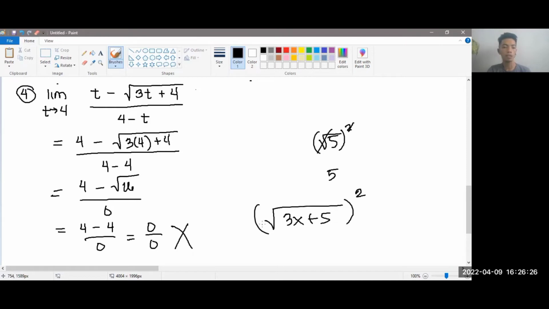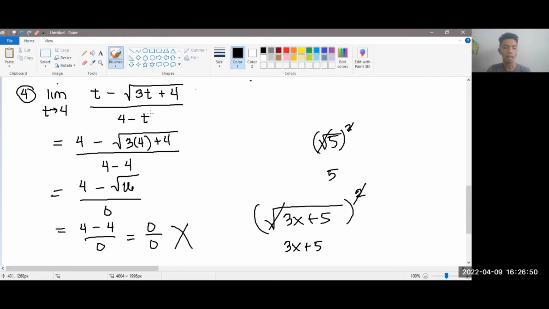Pag in-square natin yung square root of 3x plus 5, cancel si square root sign, cancel si 2, at ang matitira will be 3x plus 5. So that will be your answer in that particular situation. At in that case, matatanggal natin yung radical. At yun yung plano natin dito sa example number 4, ang tanggalin yung radical.